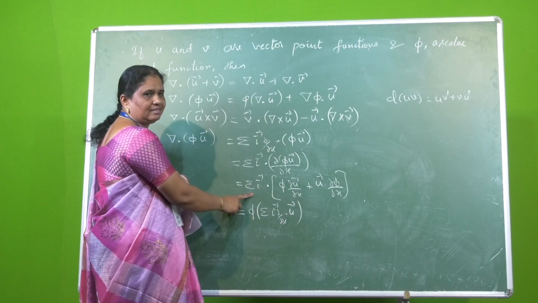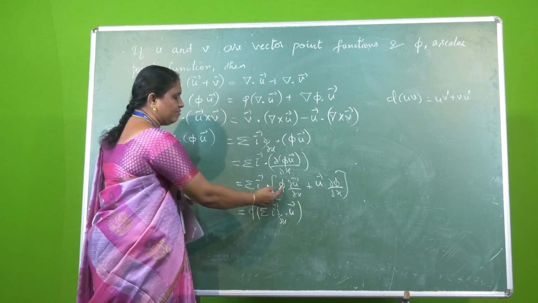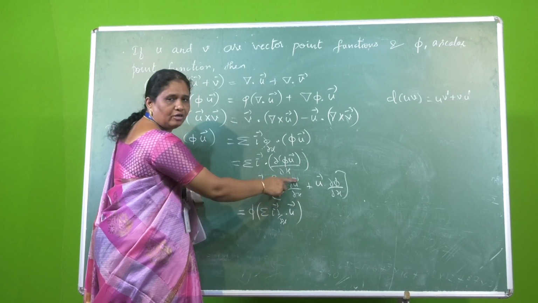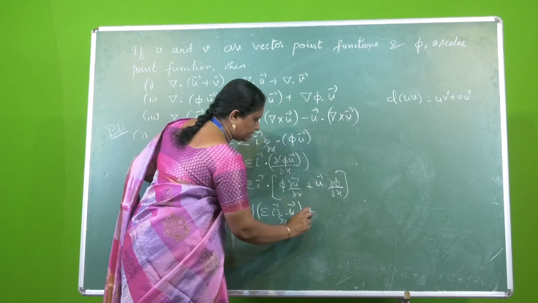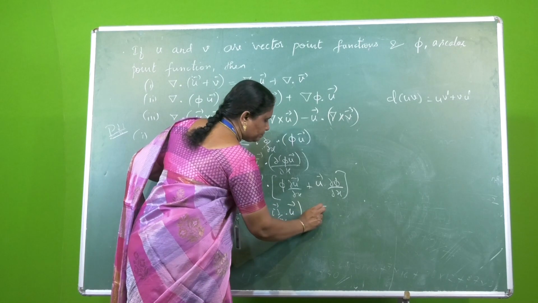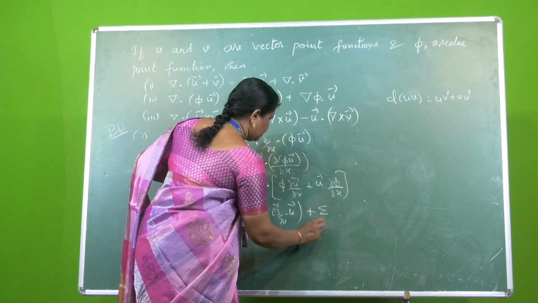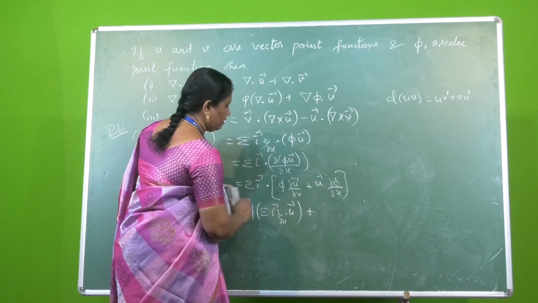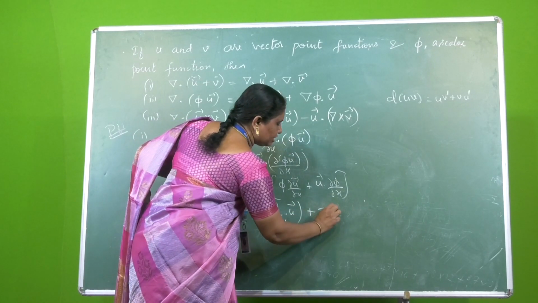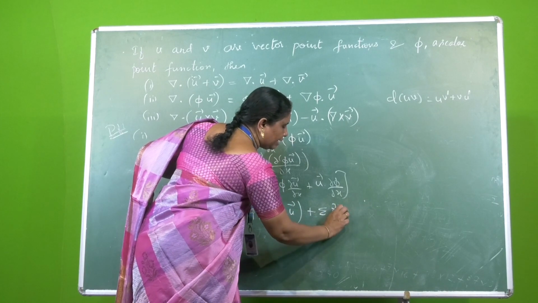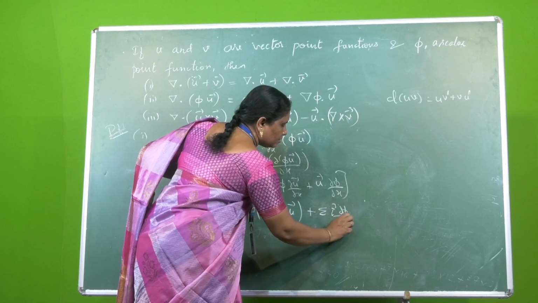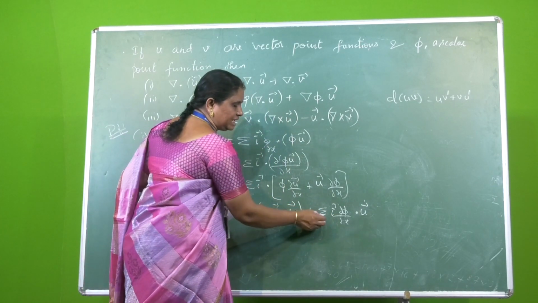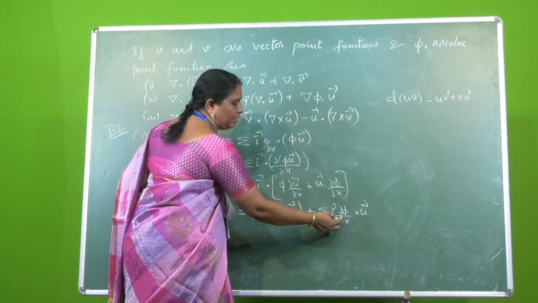So the first term is replaced by phi into summation i dou by dou x dot u vector plus summation, and here also we can write summation i dou phi by dou x dot u vector as summation i is applicable only for dou phi by dou x.